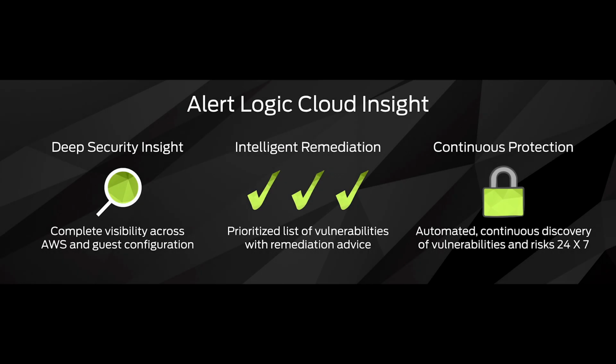That's the only way in a dynamic environment like AWS that vulnerability management can be effectively performed, and that's exactly why we designed Cloud Insight the way we did. So Cloud Insight is just the newest of AlertLogic's suite of products, and it remains true to the core principles of our business, which is to provide deep security insight, intelligent remediation, and continuous protection to AWS customers.